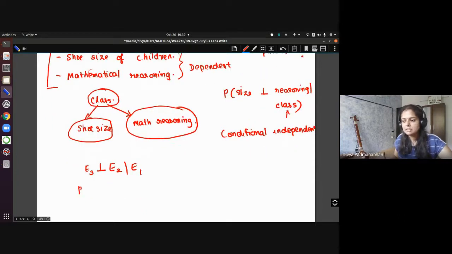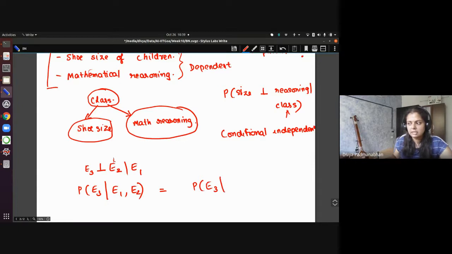What it means is if you compute the probability of E3 given E1 and E2, the presence of E2 is not going to affect it. So this is just going to be the probability of E3 given E1. Given E1, E2 doesn't come into the picture. So this is what conditional independence is.